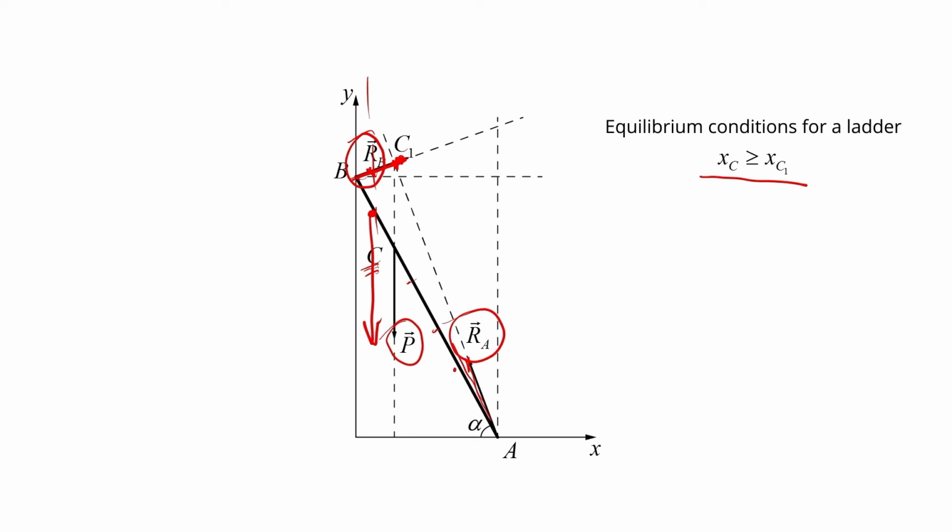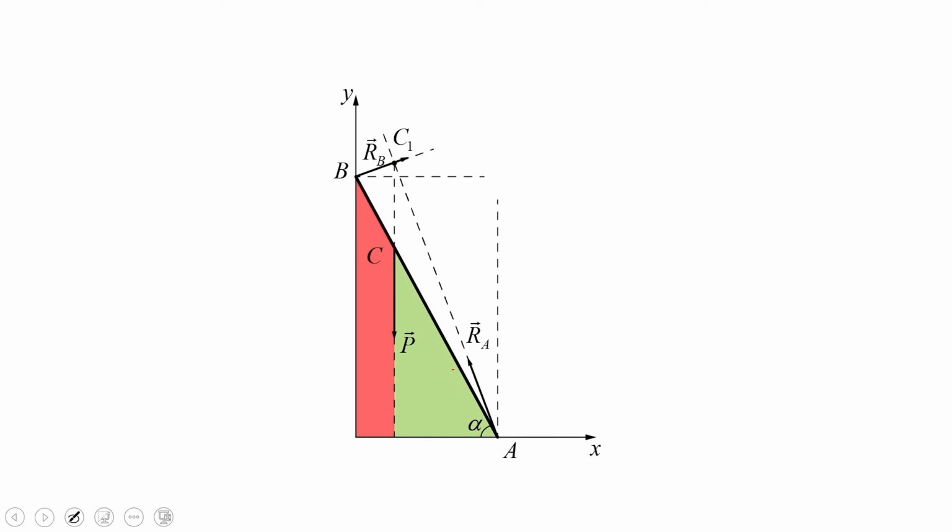Then RA should be directed like this, and RA is coming out of the cone. Therefore, we can show that the equilibrium condition is disturbed in the point A as well. In this drawing, we highlighted in red the zone where the equilibrium condition is disturbed, and in green the zone where the ladder is in equilibrium.